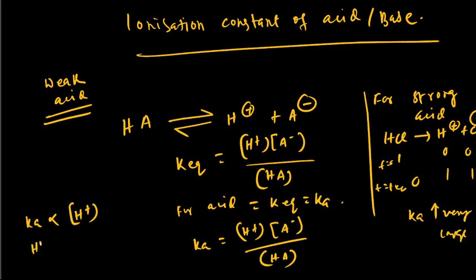If the H plus concentration increases, then the Ka value will be high, meaning more acidic. So if the Ka value is more, the H plus concentration is more, meaning more acidic.